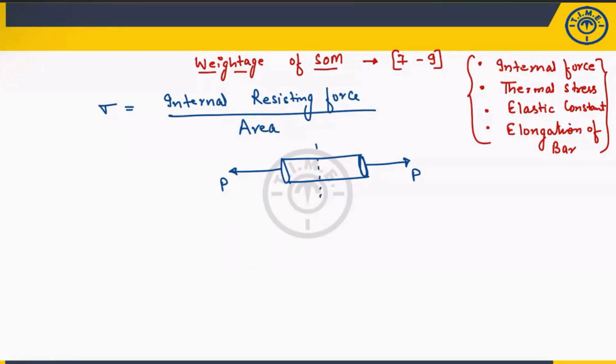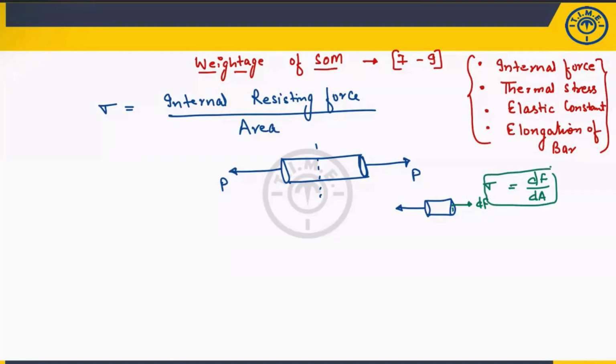If you take a cross section here, and consider the left hand side portion, each and every individual particle will apply some resisting force. Let us suppose this is the resisting force of a small particle, dF. If you divide this small dF by its small area dA, that is nothing but the stress.